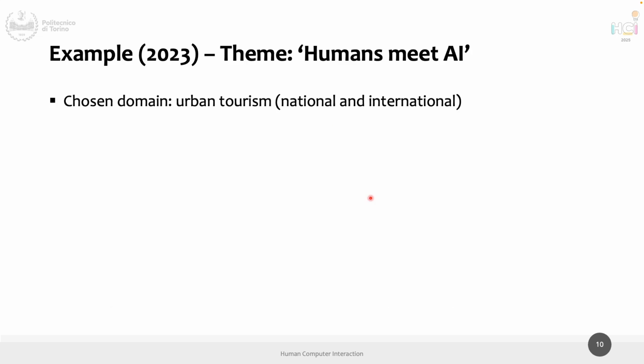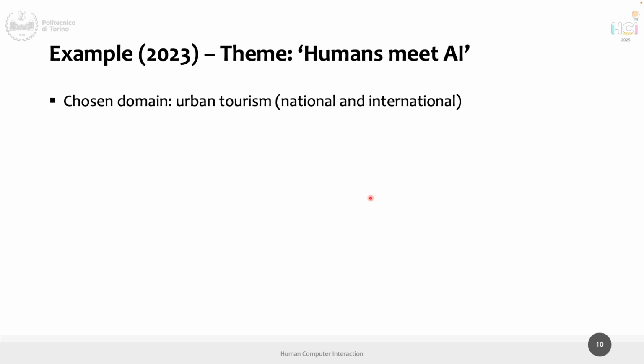Another team. In 2023, we had generic teams, humans meet AI. General, no education, no health, whatever it is, just with AI in the middle. This group chose as a domain urban tourism for national and international tourists.